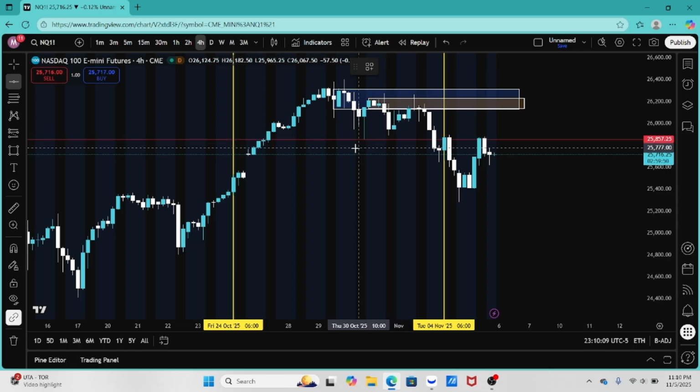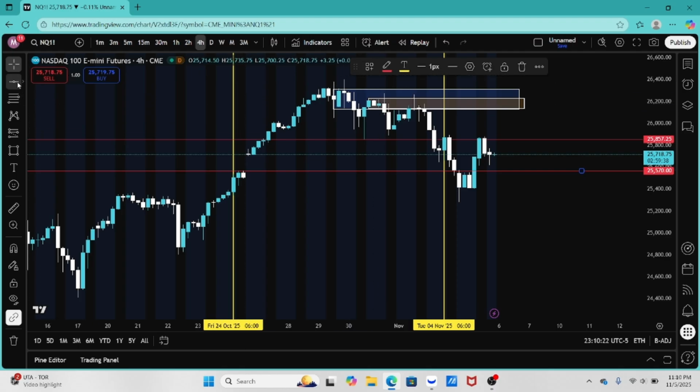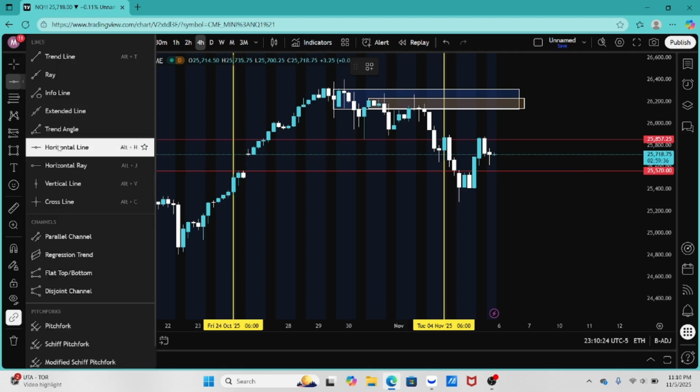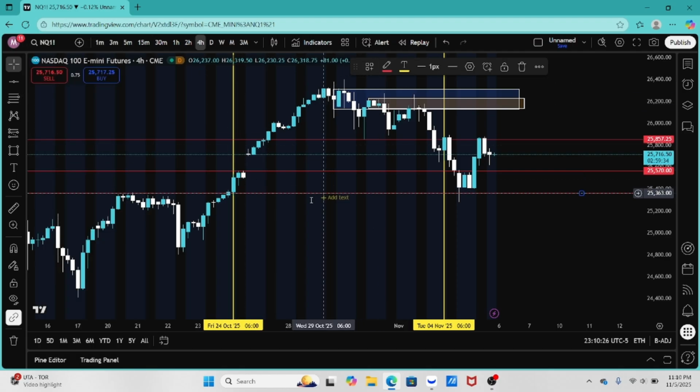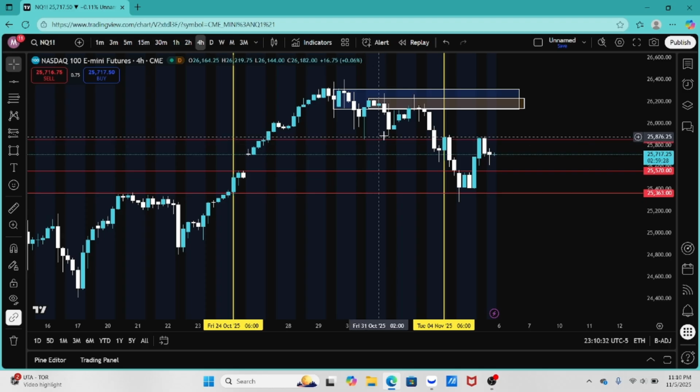And then another area being this order block right here. And this one right here. Mark these levels out and we'll go over them. So our areas of interest, equal lows right here. This order block.